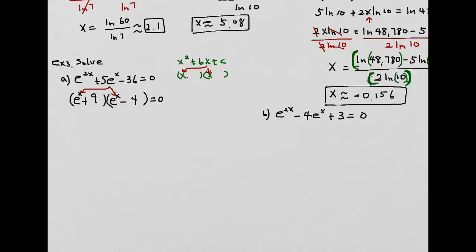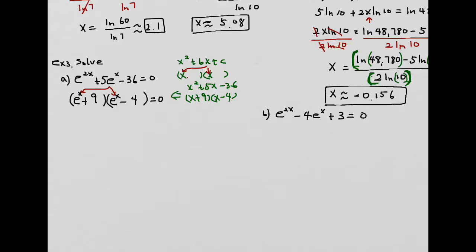So don't forget, we were doing it like if we have x squared plus 5x minus 36, right? If we factor that, it will be x times x plus and minus, factors of 36 that give you 5, which is 9 and 4, right? So exactly the same as this one.